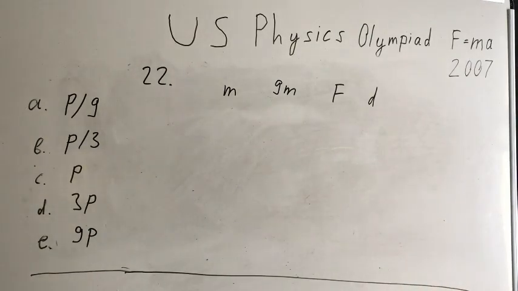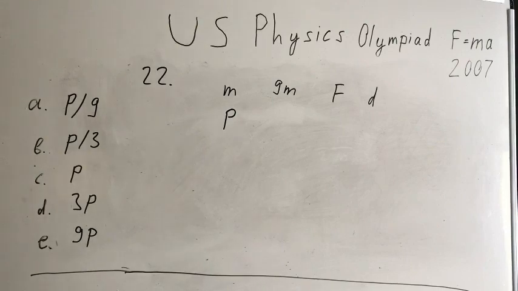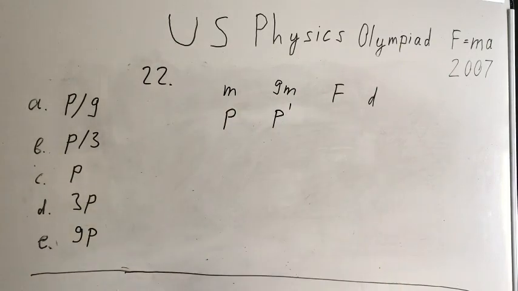As a result, the rocket acquires a momentum p. If the same constant force F acts on the rocket of mass 9m for the same distance d, how much momentum does the rocket of mass 9m acquire? So we need to find what p prime is.